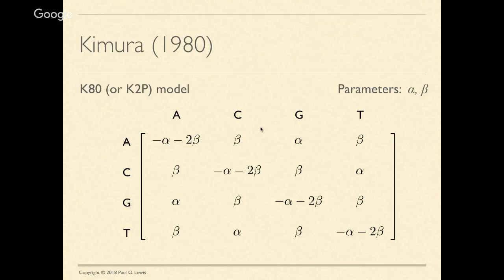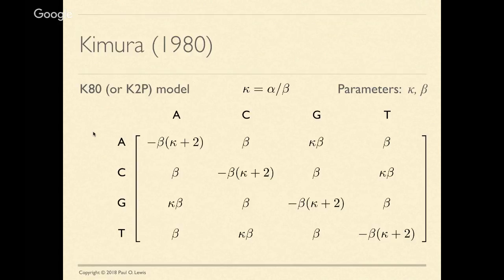So you see this rate matrix in one of two ways. You can either see it this way, where you have alpha and beta as the parameters, but there's also a different way that it's represented that's perhaps more common, and that is using beta and kappa, where kappa is known as the transition-transversion rate ratio. It's the ratio of the rate of transitions to the rate of transversions. So we can relate the two parameterizations by this formula here that shows kappa as a function of alpha and beta.